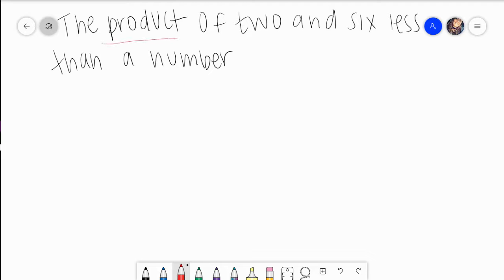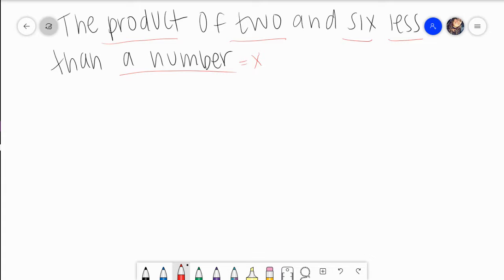So product, multiplication, 2, 6 less than a number. And we know that we're letting our number equal x, right? So the product means multiplication. So this is telling me that I have the product of 2 and then all this other stuff, right?